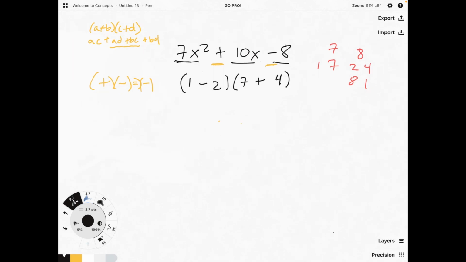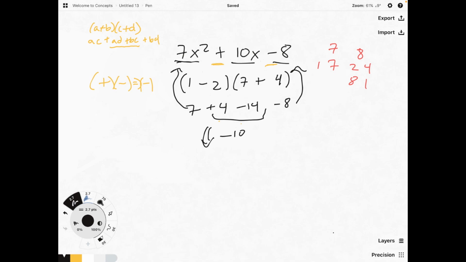We have 1 times 7, which is 7, which gives us our first term. Then we have 1 times 4, which is a positive 4. We have negative 2 times 7, which is a minus 14. And then negative 2 times 8, which is that negative 8, which gives us our last sign. So this yields a negative 10. So therefore, we need to flip the signs around.